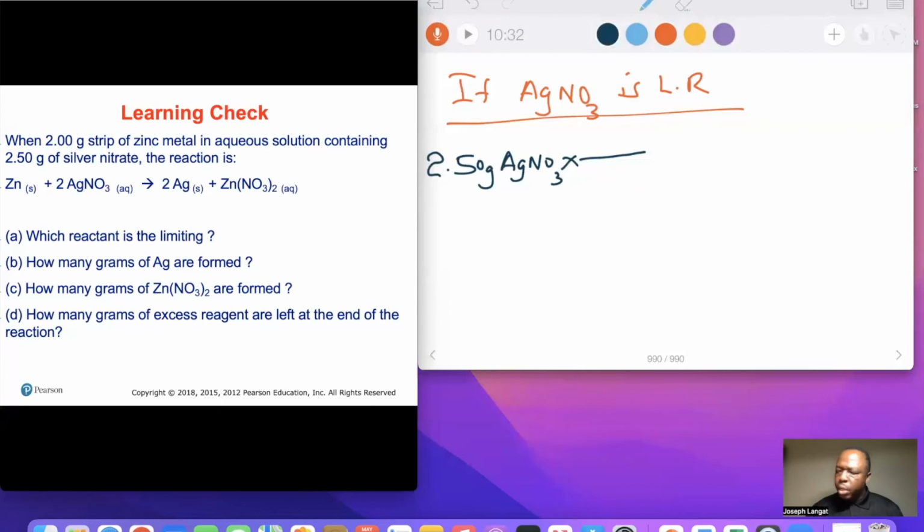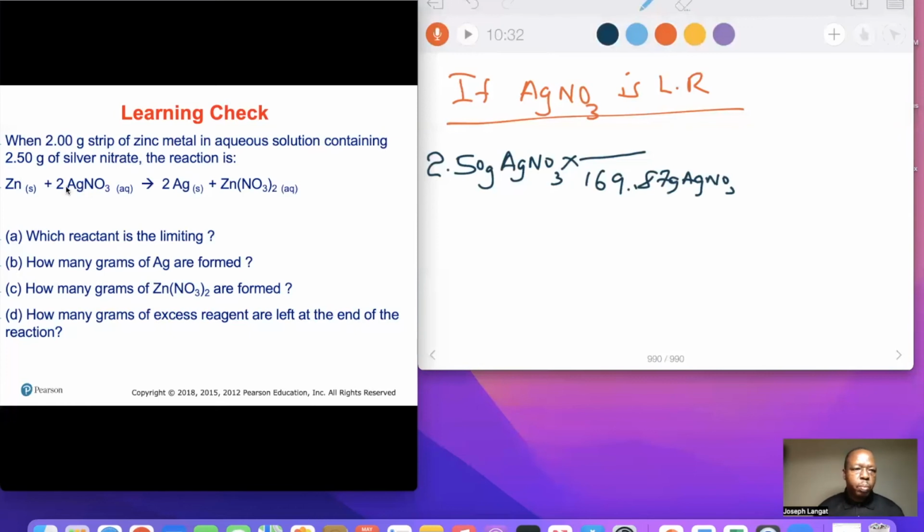We use 169.87 grams of silver nitrate per mole to find how many moles I have in 2.50 grams.